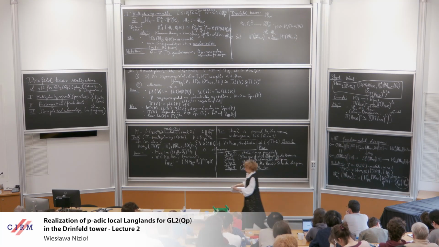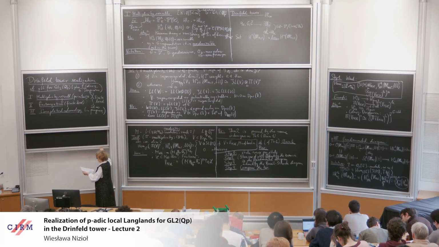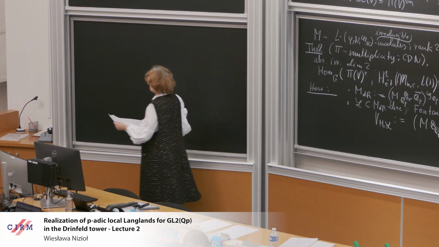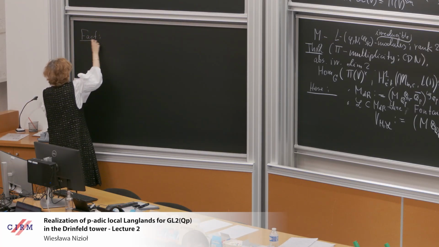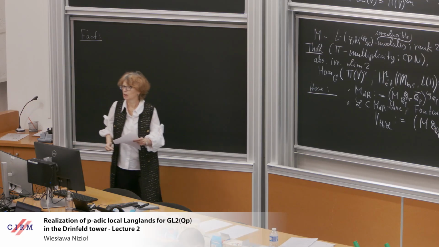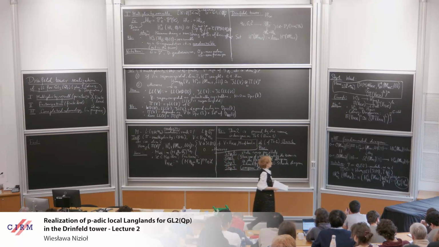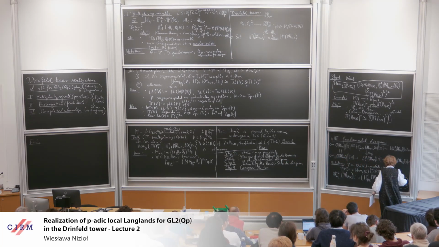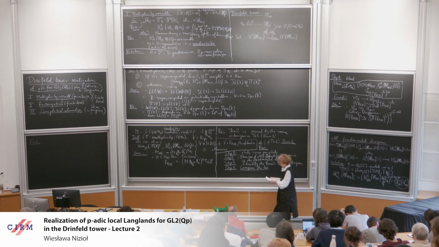And now we want to identify these guys. So let's start with the first fact. It comes from the slogan I mentioned yesterday. First fact. Thanks, P. There is one twist, very good.